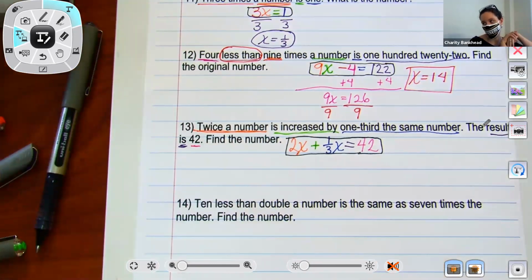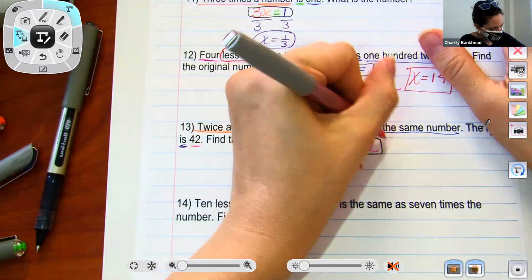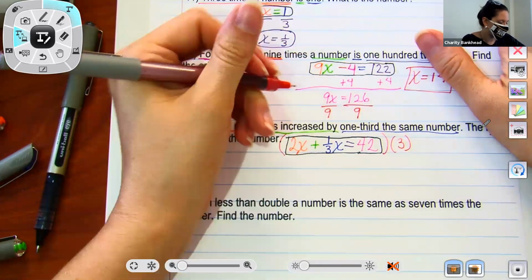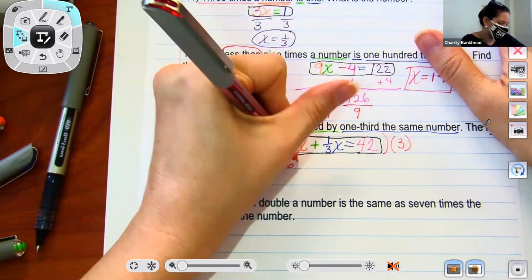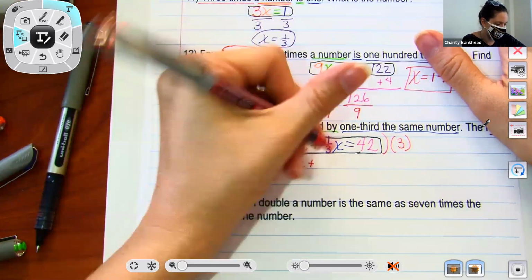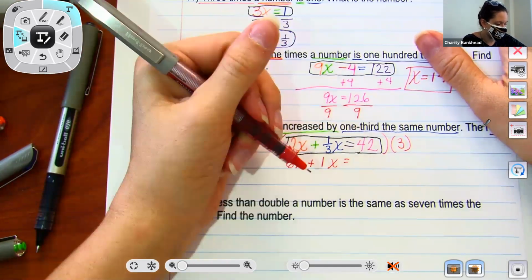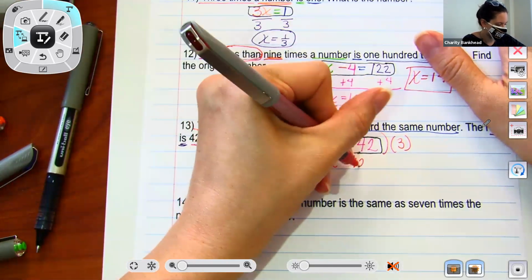Okay, so you could combine the like terms, but I'd rather just get rid of the fraction by multiplying across everything by 3. So 2 times 3, that would be 6x. And then 1/3 times 3 is 1, so that's 1x. And then 3 times 42 is 126.